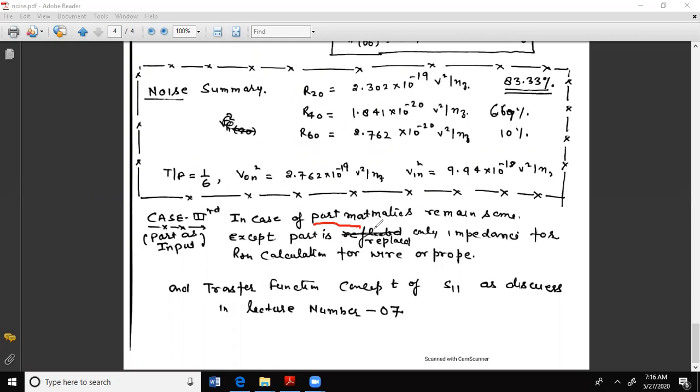The mathematics remains the same except for the noise calculation. The port impedance is replaced by the equivalent impedance. While in the noise calculation, voltage is always short, current is always open, while the port is replaced by the equivalent impedance. And what is the value of the transfer function?